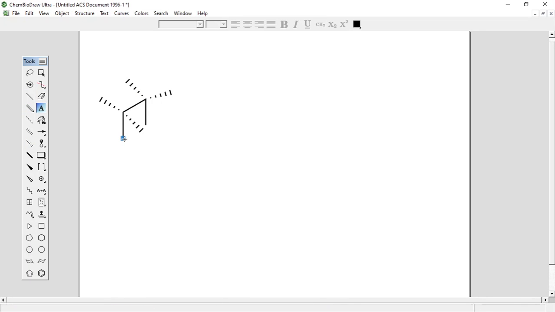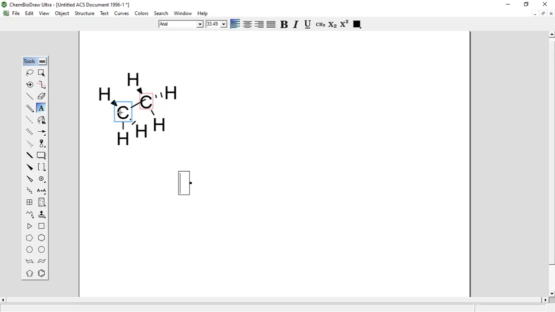Hydrogen is there. So this is the solid and dash line formula of ethane. Now in this structure, the group on the solid line is towards the observer, and the group present on the dash line is away from the observer. So this is your line formula of ethane. This is carbon number first, carbon number second.